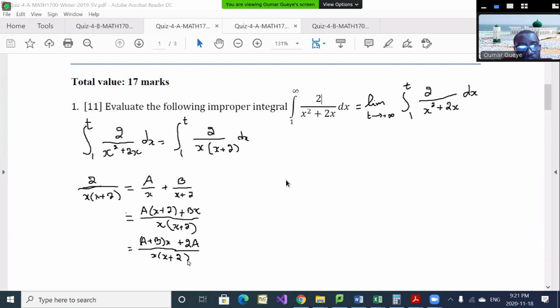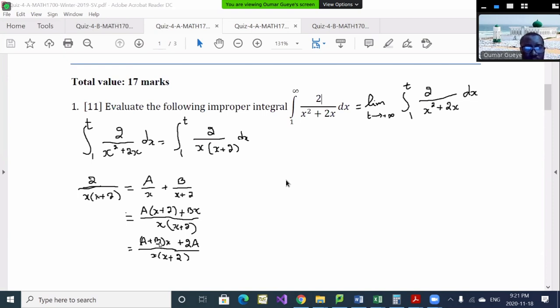Now this equality is valid if and only if the two numerators are the same, because as you can see, the two denominators are equal. To get this equality, the numerator on the left should be equal to the numerator on the right.